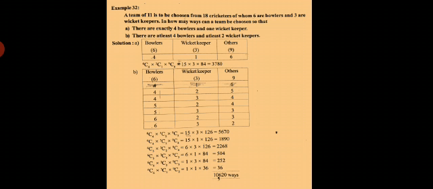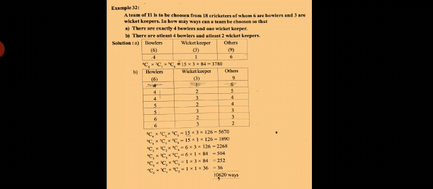Next, in the next step, students, just be careful. Bowlers are out of 6. At least 4 is given. We can take 5 also. 5, then 2 wicket keepers. 5 plus 2 is 7.